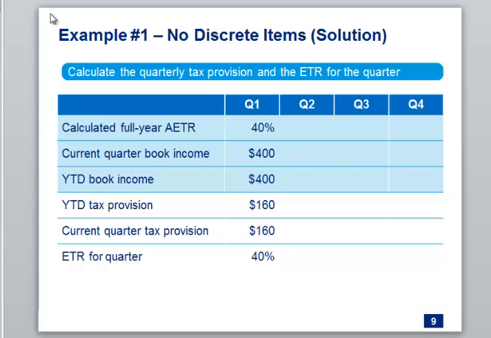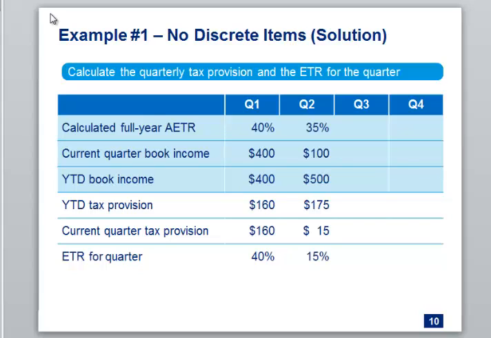I apply that to my year-to-date income, which is 400, which is my Q1 income. So that means my year-to-date provision is 160. Because year-to-date and Q1 are the same thing in Q1, my Q1 provision is 160. So my effective tax rate is 40%. Okay? That's really basic. The next slide will be the first slide that becomes interesting.